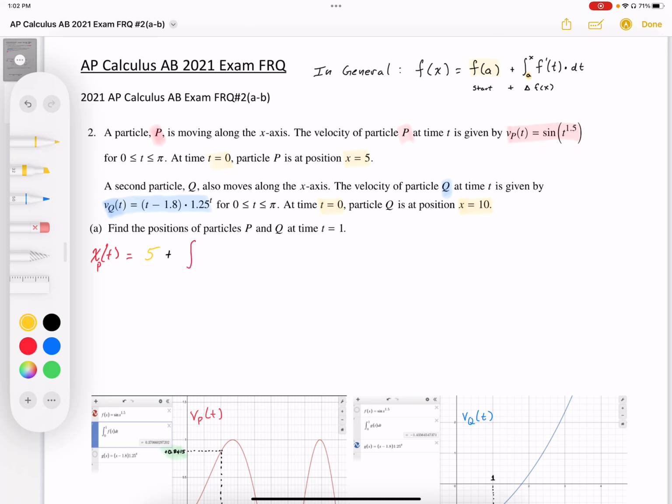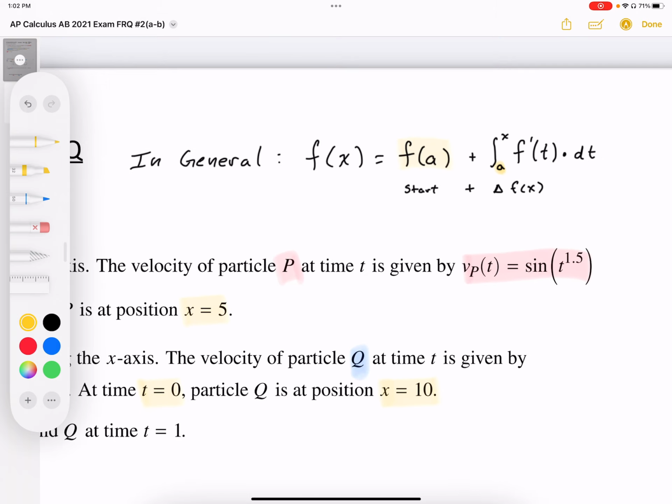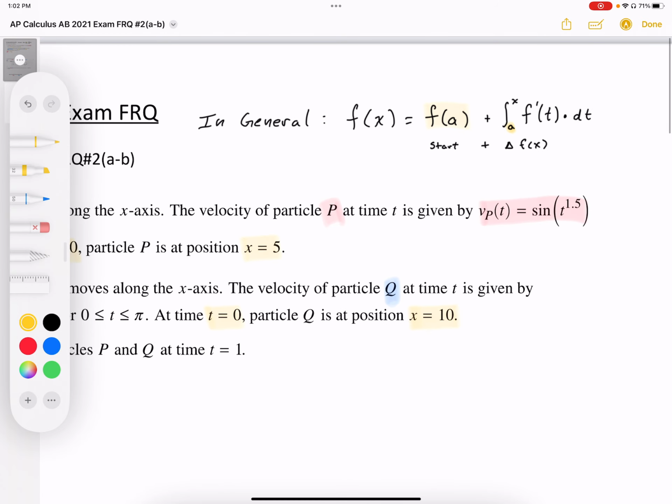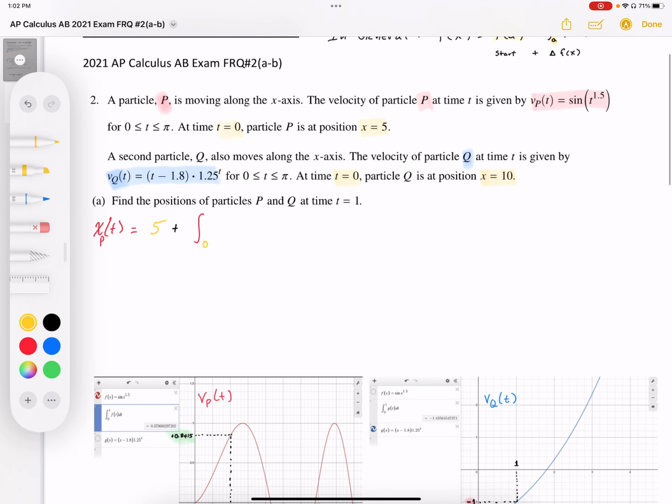That point was starting at t equals 0, so that needs to be the same, just like in my formula, where f of a and a have to match. And then we're going to end at some time t. I'm just going to generalize it for now. And that's going to be underneath the velocity function. I'm going to change the variable to x just so that it doesn't conflict with the t variable. So there's the position of particle P.